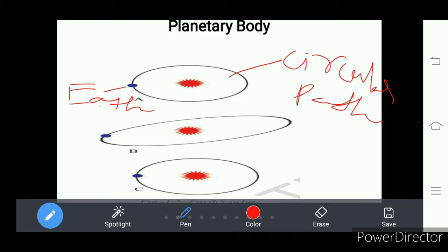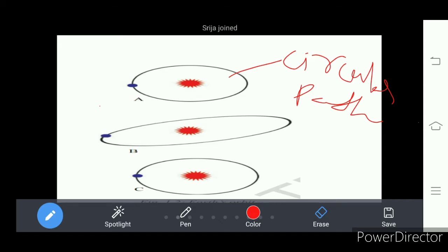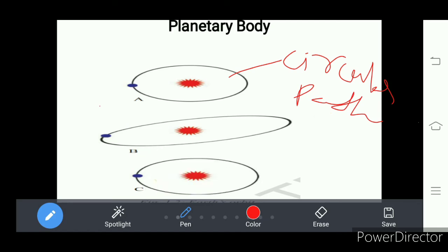So here the distance from the sun to the Earth is equal. If you take the distance from the sun to the Earth, it is equal at all the points on the Earth's orbit, so that we should have only one season.